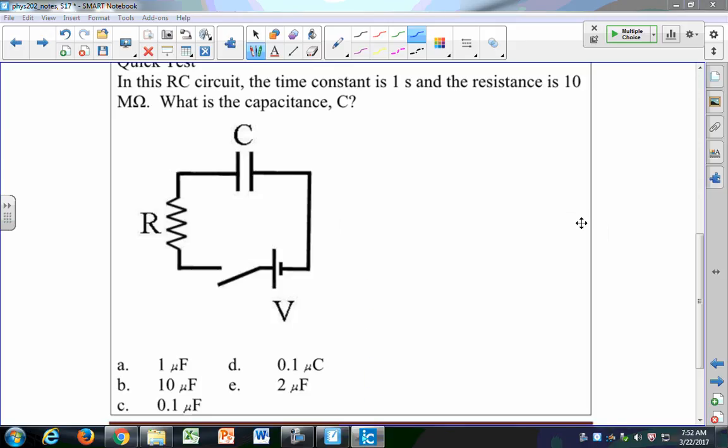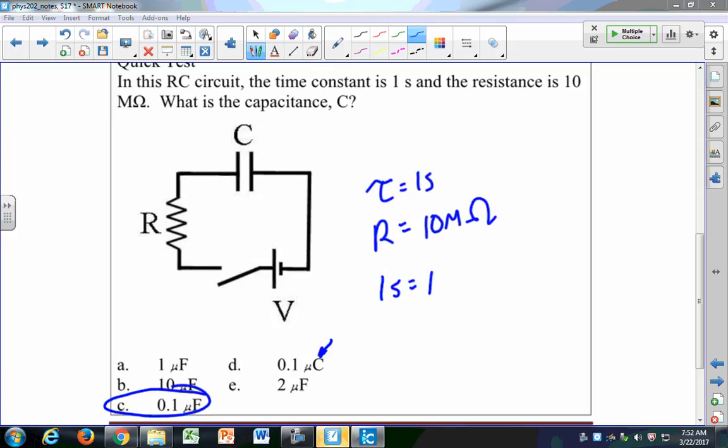But notice here that we have units for coulombs here, not farads, and our unit for capacitance is farads. So my time constant tau equals 1 second. My resistance is 10 megohms, and 1 second is equal to 10 megohms times our capacitance.